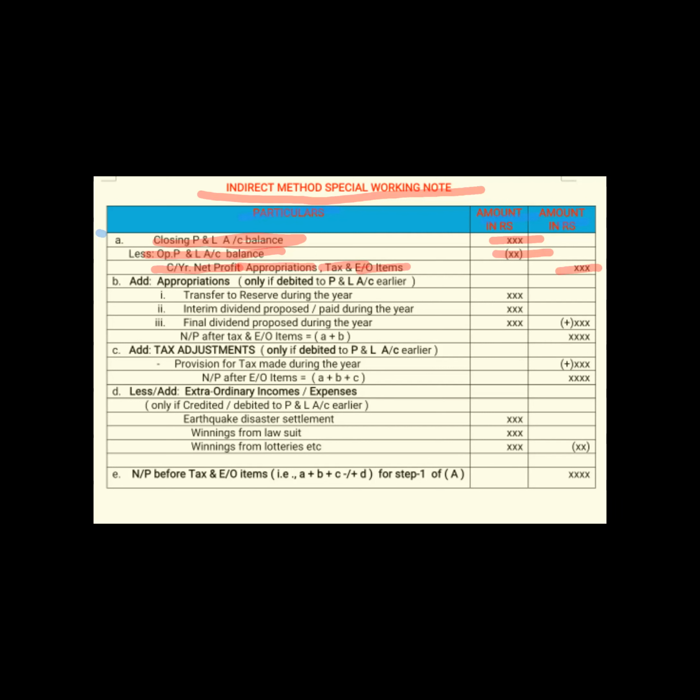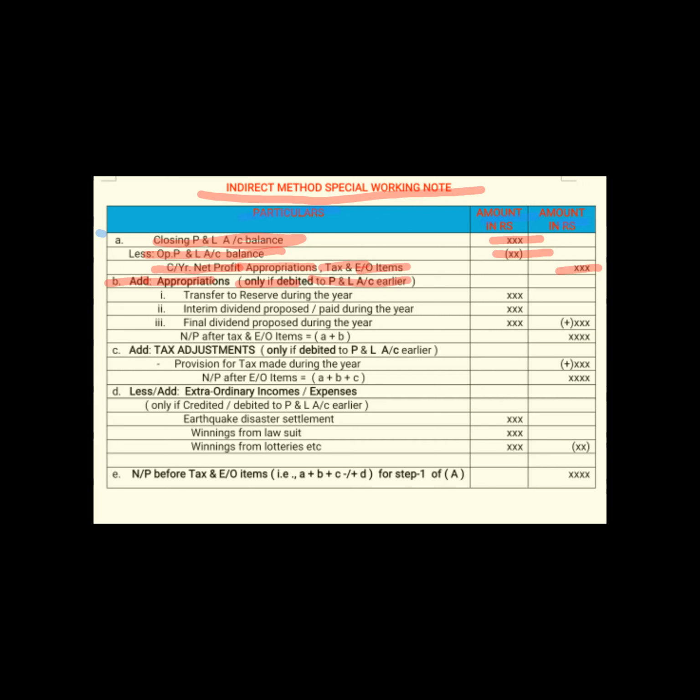So for that purpose, we are doing this. First, closing minus opening we will take. Then we need to add appropriations only if debited to P&L earlier. If earlier they have debited to P&L account, that means you have deducted from the net profit. Now you are adding back to know operating profit.